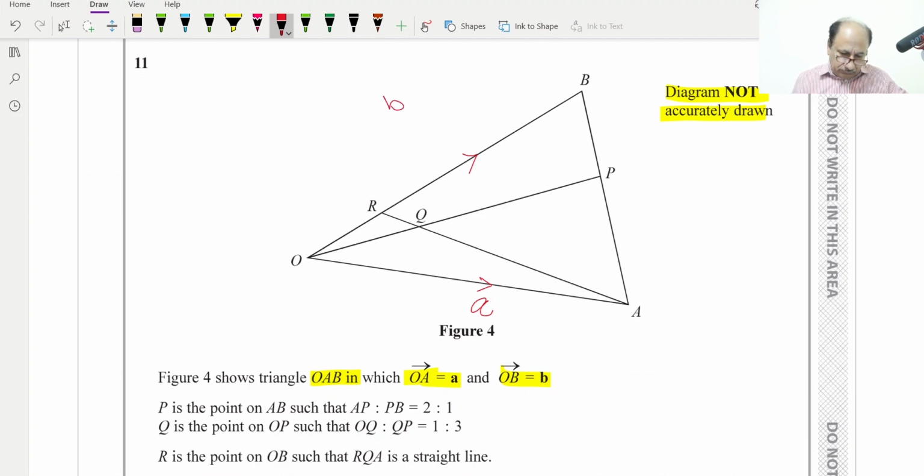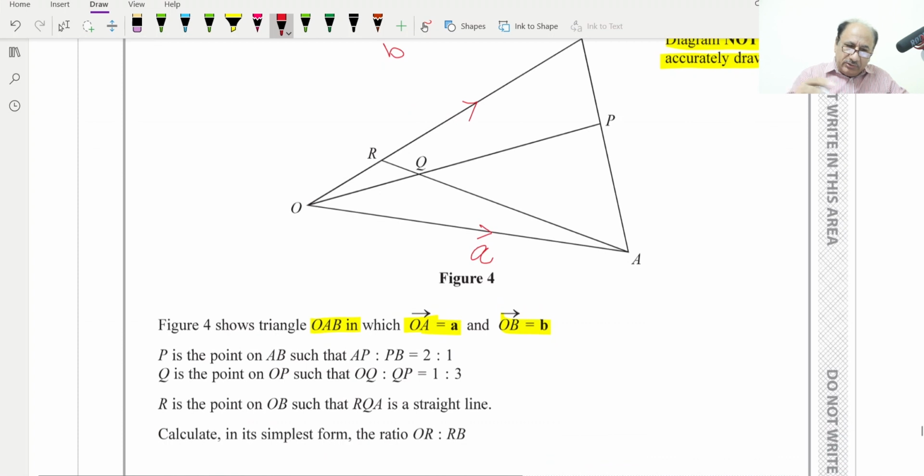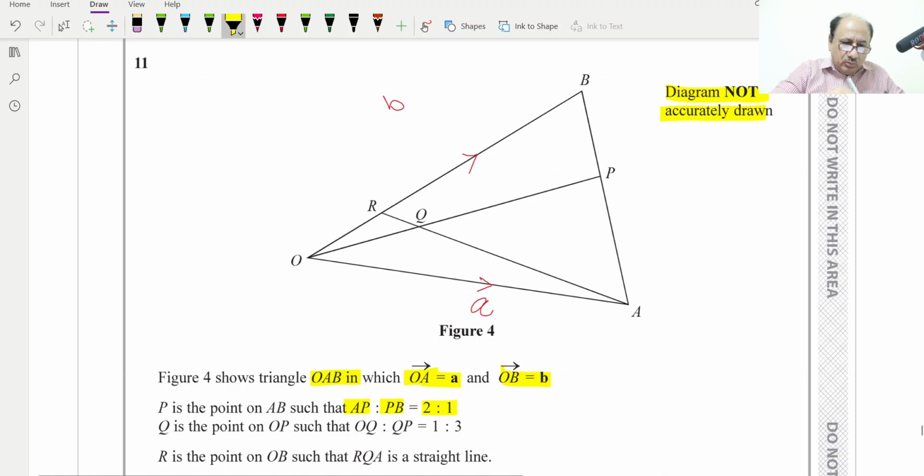Now P is the point on AB such that AP ratio PB is 2 ratio 1.